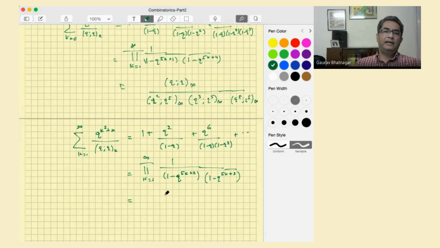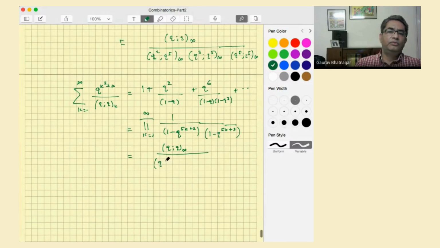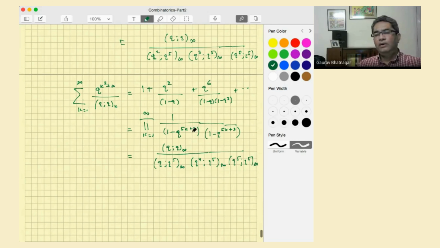And again, it's helpful to know what we are writing. This is q raised to 5 infinity, q raised to 4, q raised to 5 infinity, and q raised to 5. So here, all the numbers are 2 or 3 mod 5, and here the numbers are 1, 4, and 5, which we are deleting from all the numbers. That's how we get this, right?